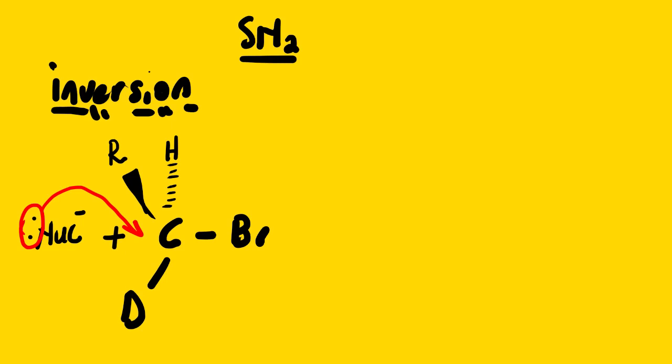To represent the inversion, let us also show the transition state, what actually happens, because in some of the multiple choice questions, you might be given a reaction and asked to show the transition state. The transition state is whereby we have bond forming and bond breakage. Remember that the two happen simultaneously.